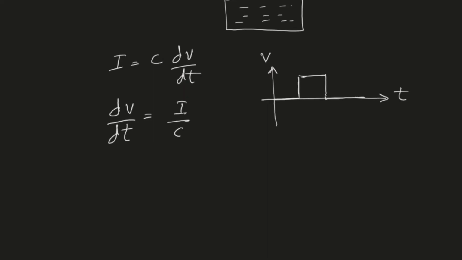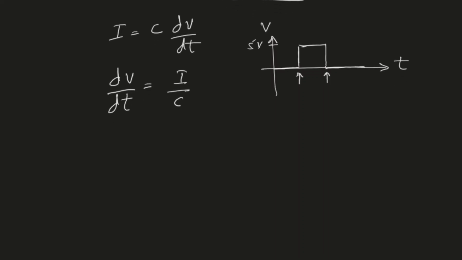You see, at this time the voltage across the capacitor jumped from 0 to, let's say, 5 volts in a very short period of time, almost instantaneously. And at this time the voltage jumped back from 5 volts to 0 volts, again in a very short period of time. This abrupt change, a capacitor does not allow.